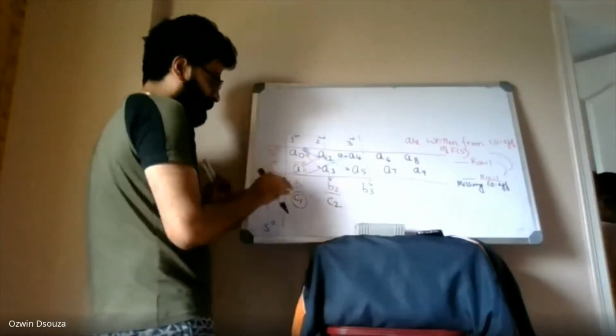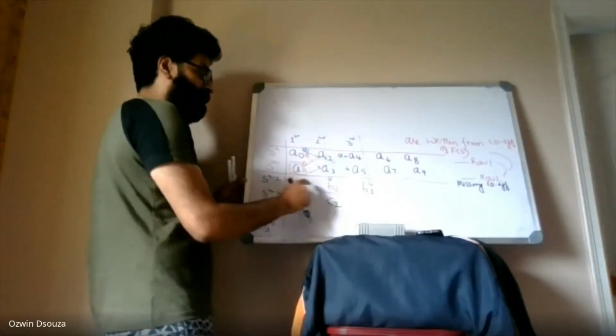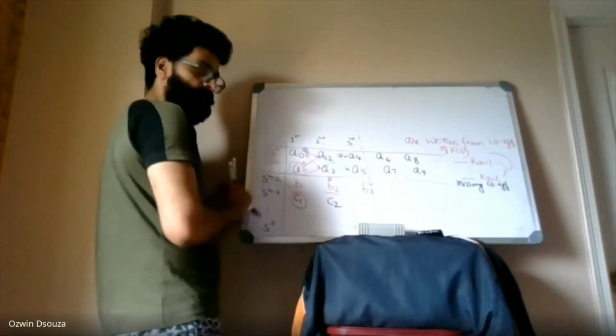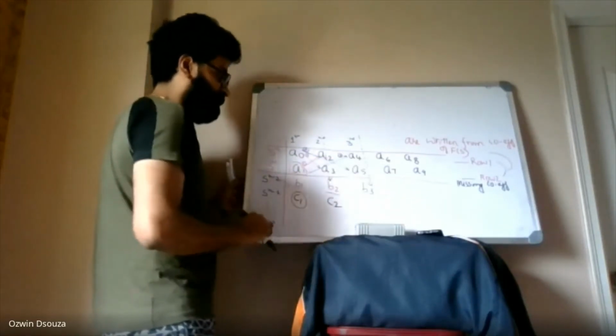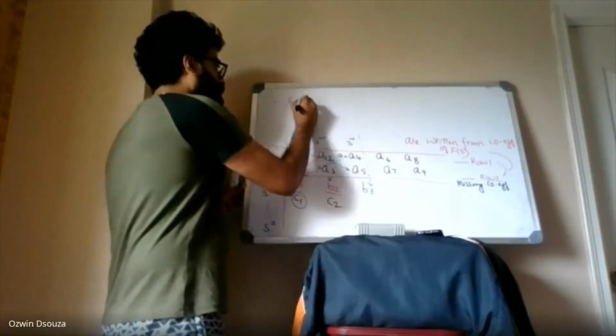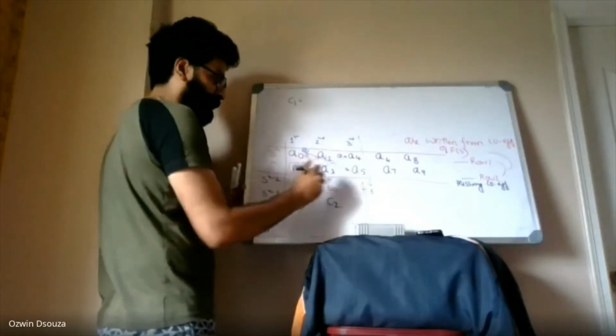Since you know the values of B1, B2, and B3, you can now make use of the B coefficients. So C1 is equal to, just consider the row above C1, that is B1.